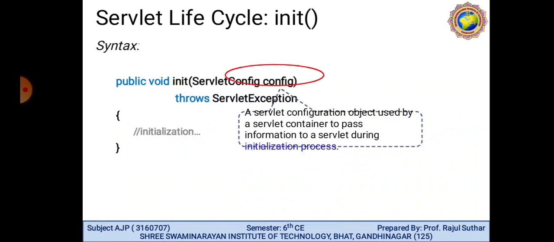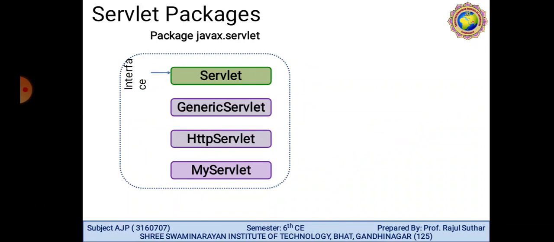The ServletConfig object is used by the servlet container to pass information to the servlet during the initialization process. Servlet package: Servlet, GenericServlet, HttpServlet and MyServlet. Servlet is an interface, and GenericServlet, HttpServlet and MyServlet are all classes of the servlet package. The name of the package is javax.servlet.